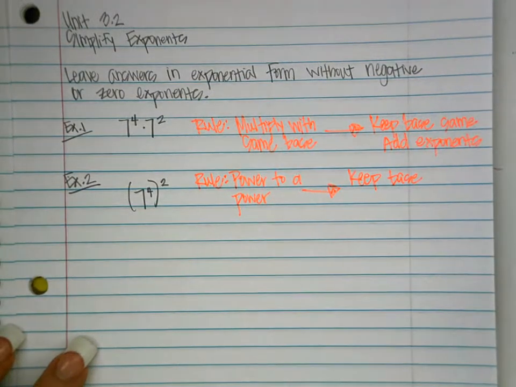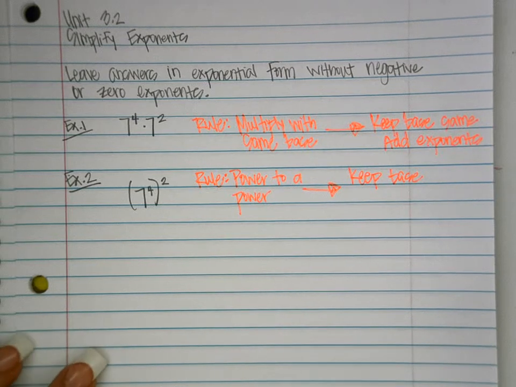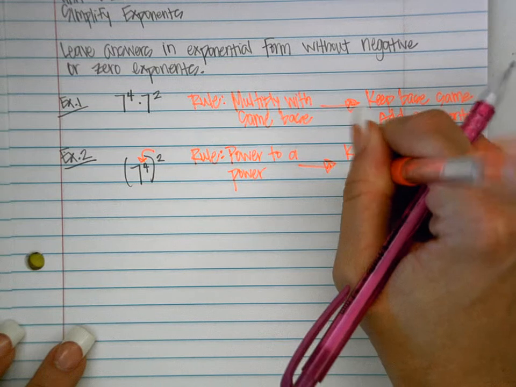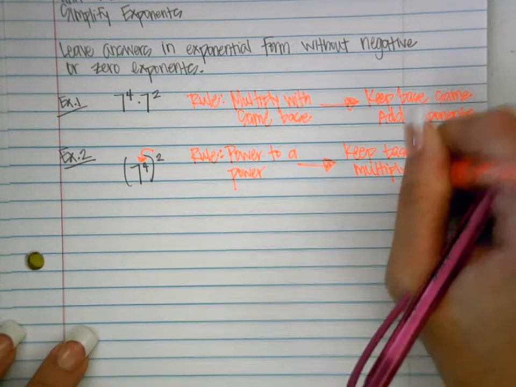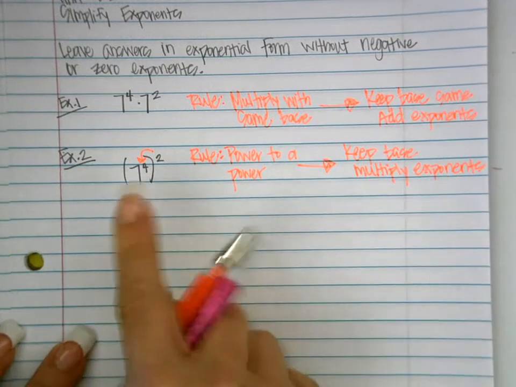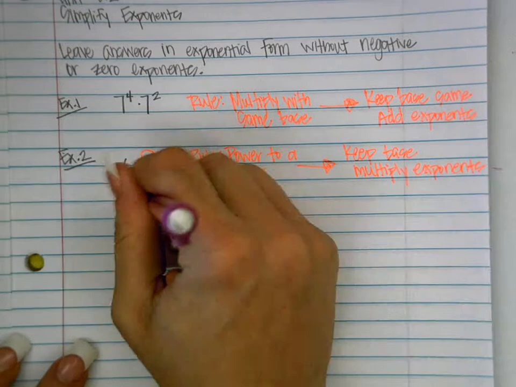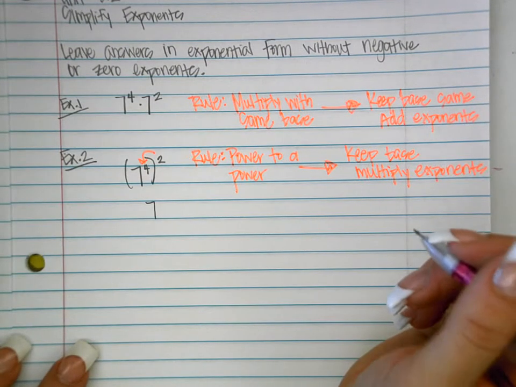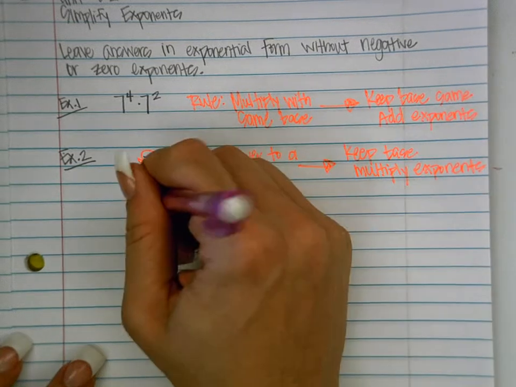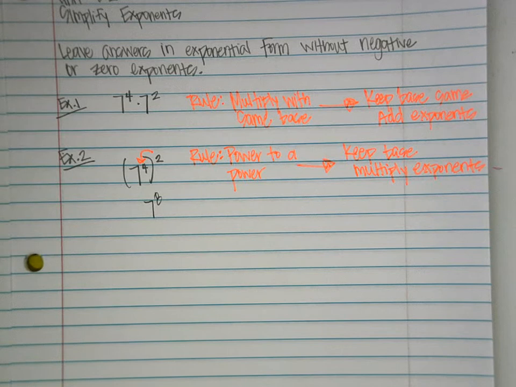What do you think we do with the base? I wrote it down. It says keep base. What do you think I do with the exponents? Multiply the exponents. So keep the base and multiply the exponents. So what would be 7 to the 4th raised to the 2nd power? Multiply the exponents, so 4 times 2 is 8. Okay, so 7 to the 8th power.